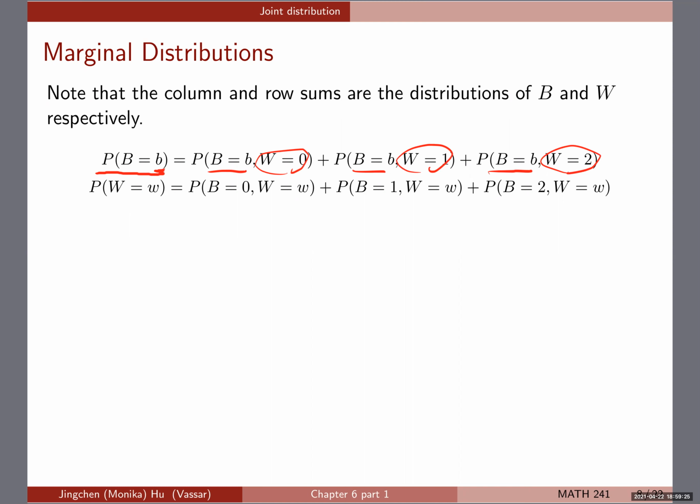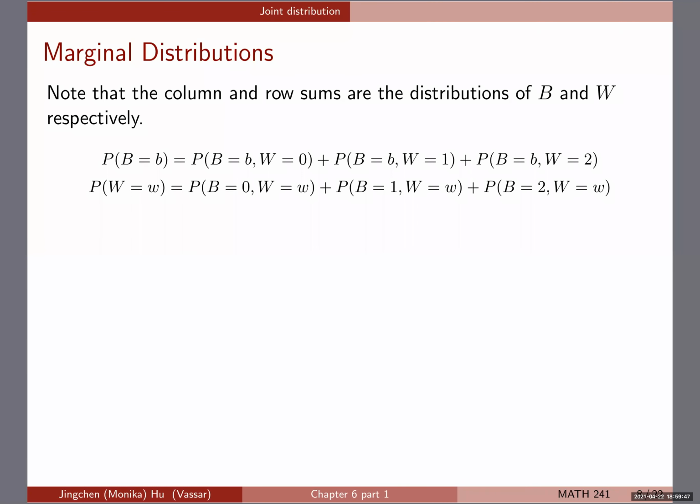You add them up, and that gives you the marginal probability of capital B equals b. Similarly, you do that for w. These are the marginal distributions of b and w. An important takeaway is that if you have the joint, you will be able to get the marginal for the two discrete random variables in the example down here.